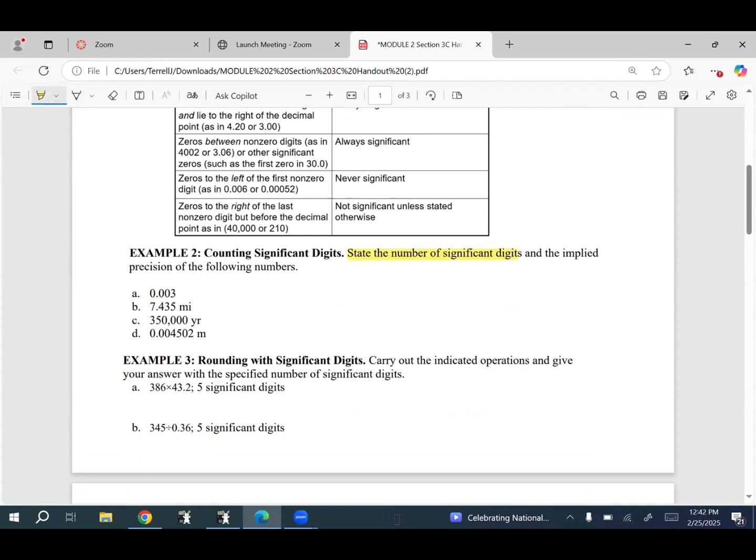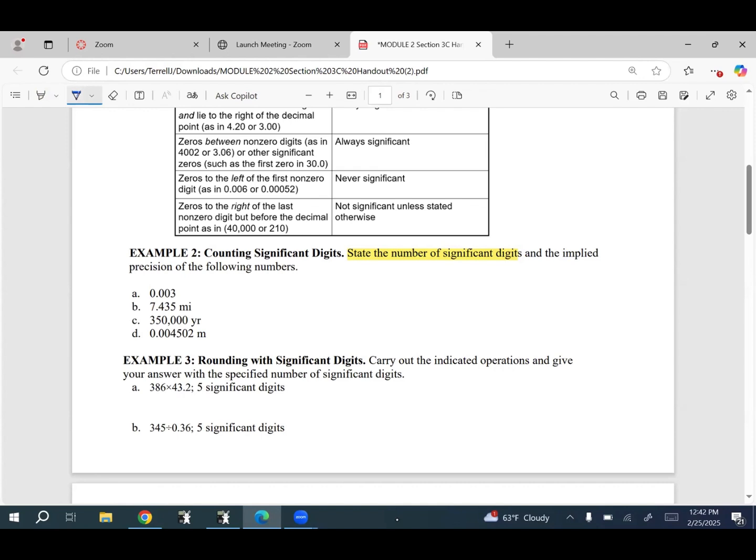So currently, letter A, 0.003 is not in scientific notation, right? I know a number is in scientific notation because it has to be a number between 1 and 10. And this is not, right? It's less than 1. So my first step when it asks me for the number of significant digits is to put that number into scientific notation.